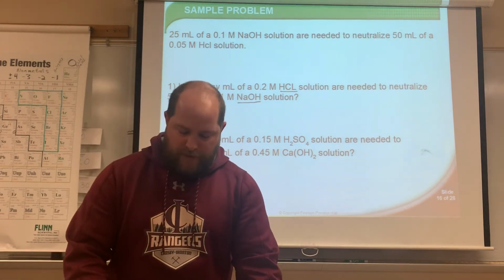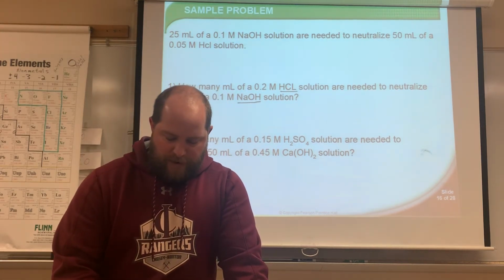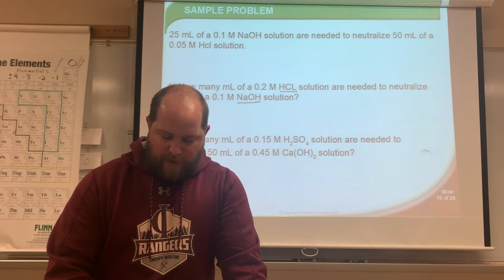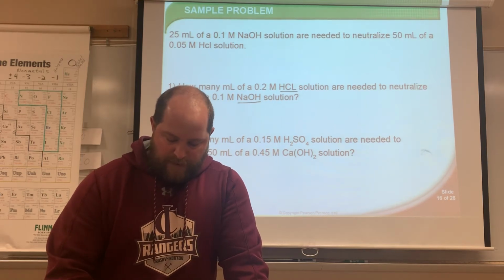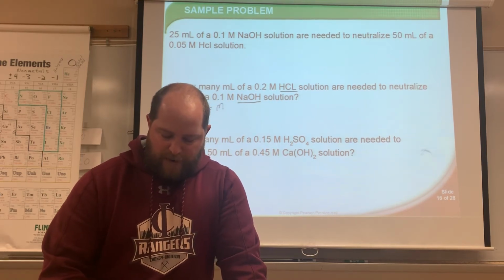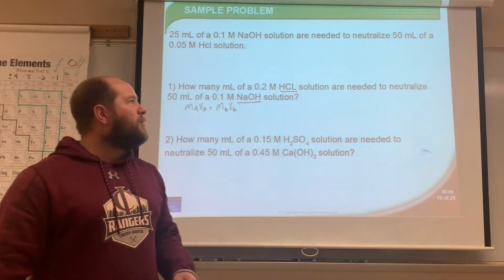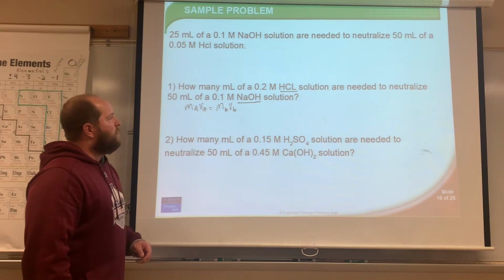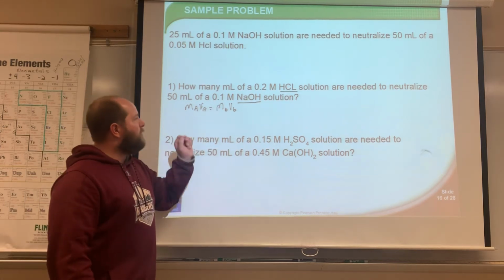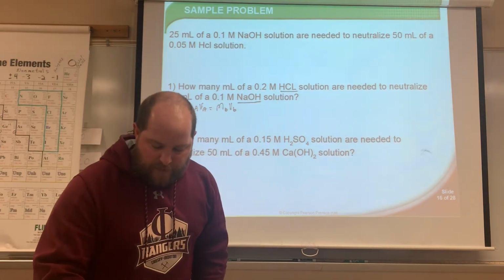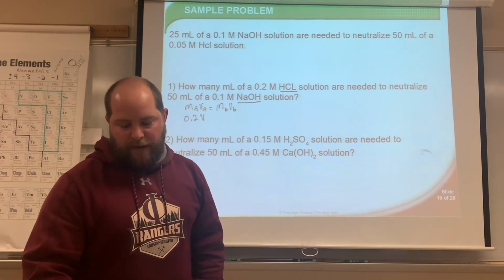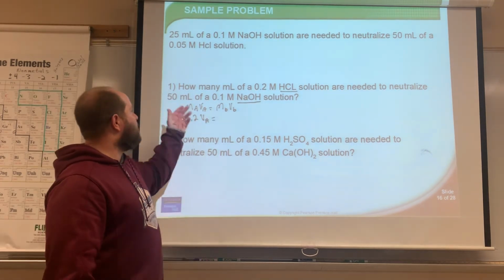So we can use the one formula, which is the molarity of the acid times the volume of the acid equals the molarity of the base times the volume of the base. Then we just pick out our variables. The molarity of the acid is 0.2. We're trying to find the volume of the acid, because it says how many milliliters.